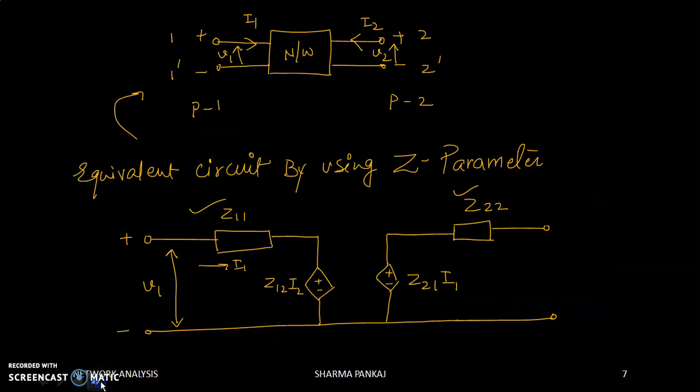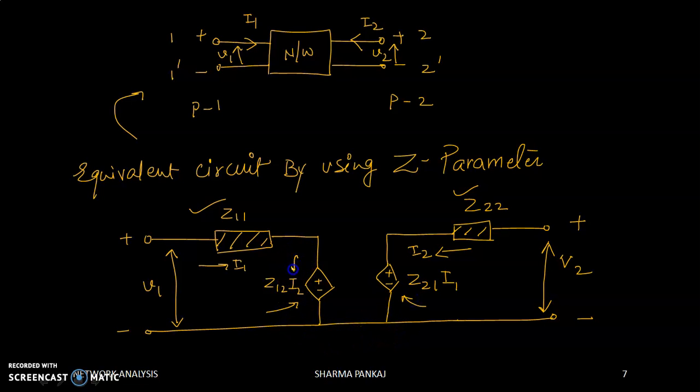V2 is defined here earlier, and this is current I2. This is your equivalent circuit by using Z parameter. You can see that this is your current dependent voltage source, and this is also a current dependent voltage source.